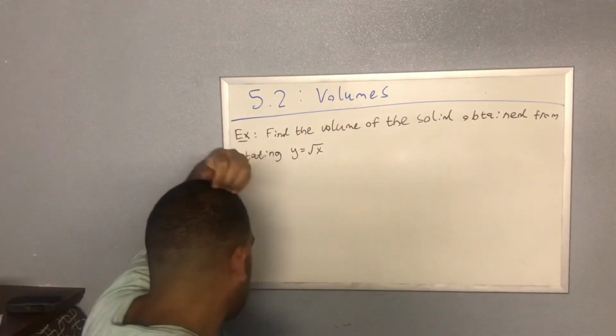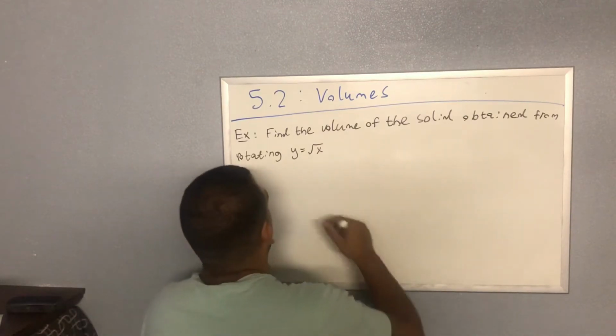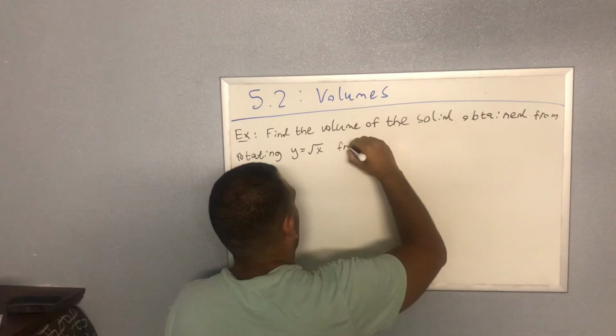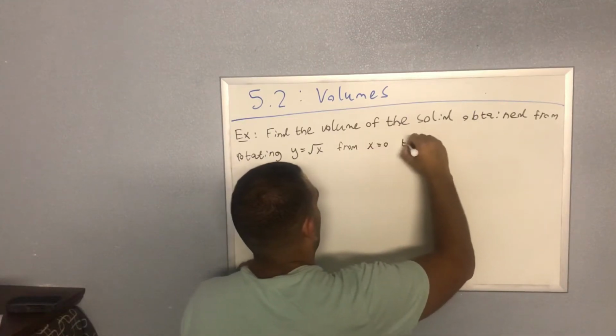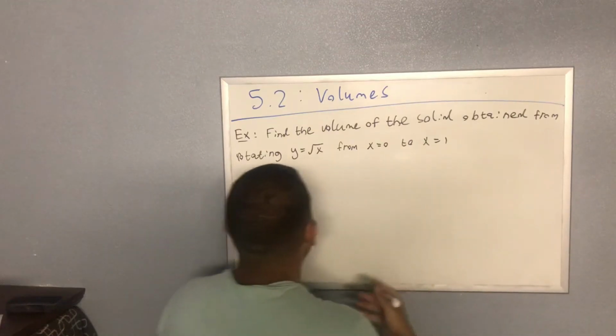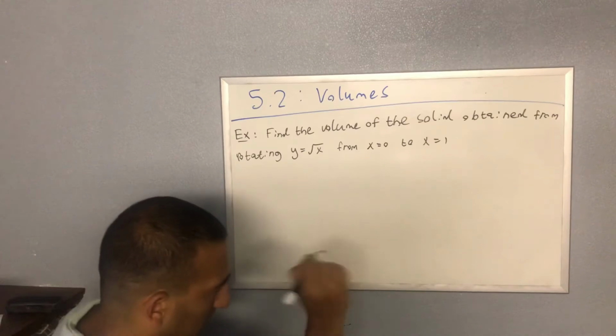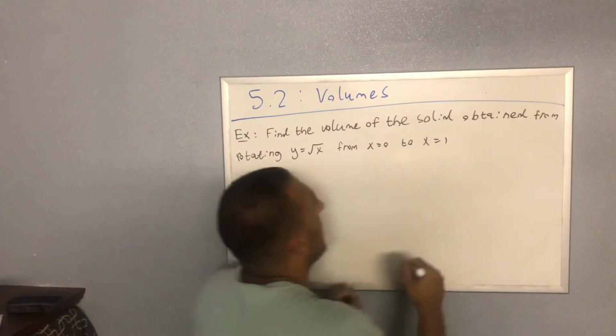So we're going to take y equals square root of x from these two numbers, so x is 0 to 1. And what we're going to do is rotate this little piece of the square root function, this little arc, around the x-axis.